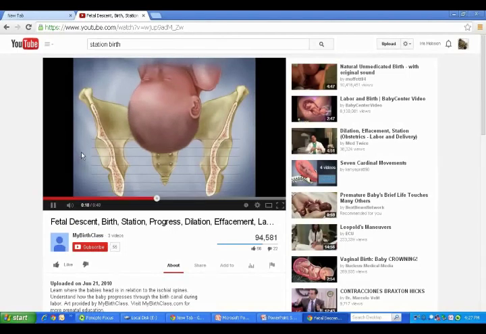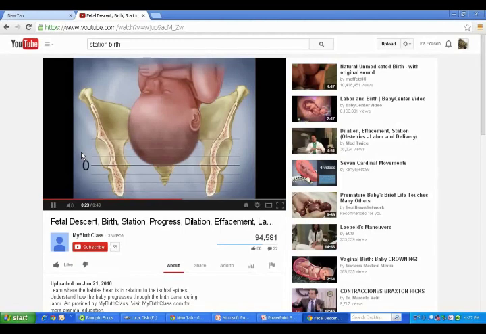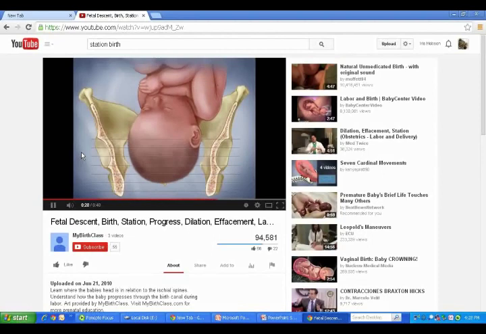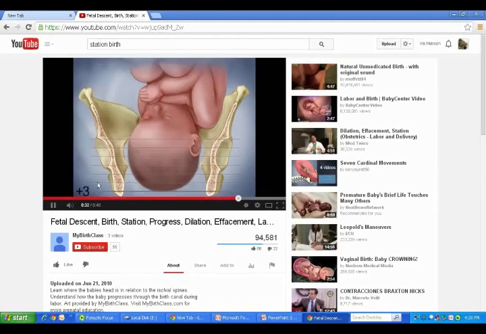And see, these numbers are negative, so we use the term floating if they're above, because if she's floating and her water breaks, then we're concerned about checking the fetal heart rate, making sure we don't have a prolapsed cord. 0 meaning engaged, and then as it's delivering, it goes to +3 to start crowning.